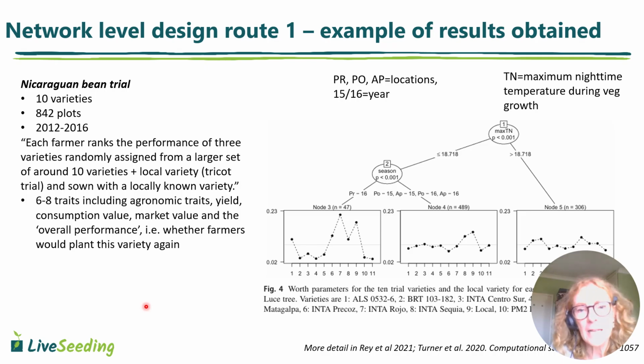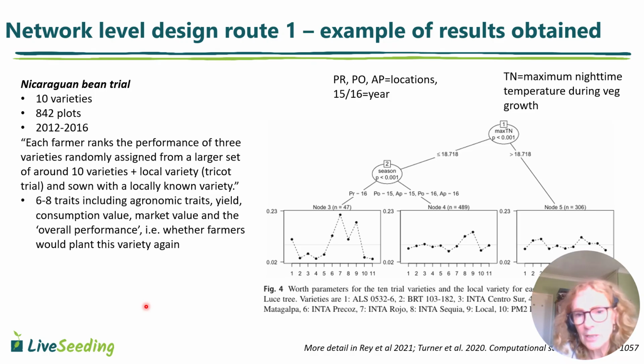And this is an example actually from one of them. This is a Nicaraguan bean trial. This example is also elaborated in the deliverable I mentioned, D2.3, Ray et al. 2021, so you can have a look at that. So this is a trial in Nicaragua, 10 varieties.